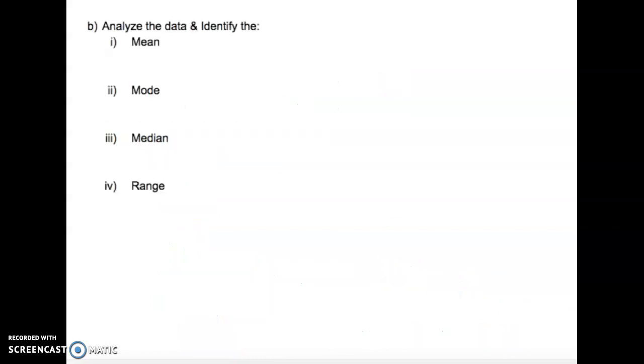Now let's analyze some of the data. So we want to find the mean. Let's remind ourselves the mean is add up all the numbers and then divide by how many numbers there are. So go ahead and do that at the same time I am. You can use a calculator.